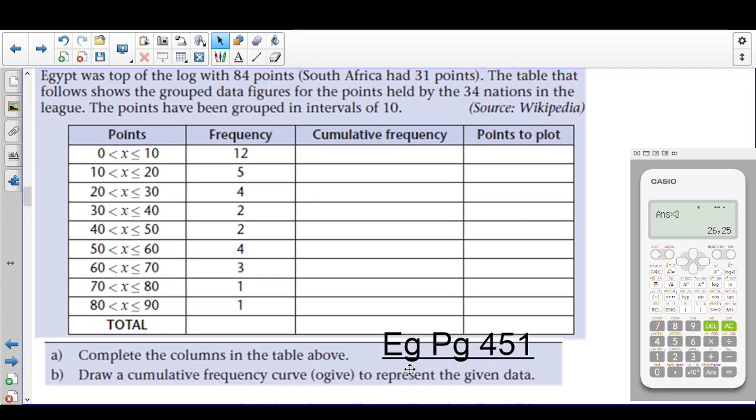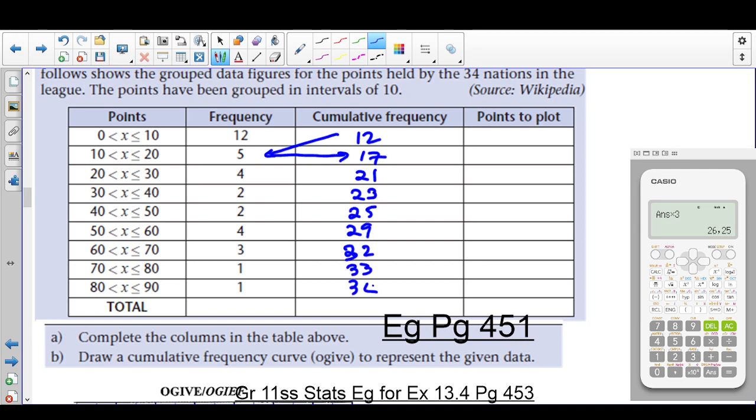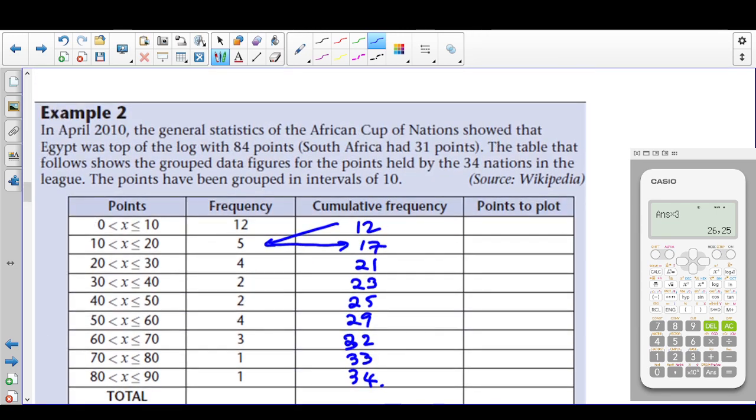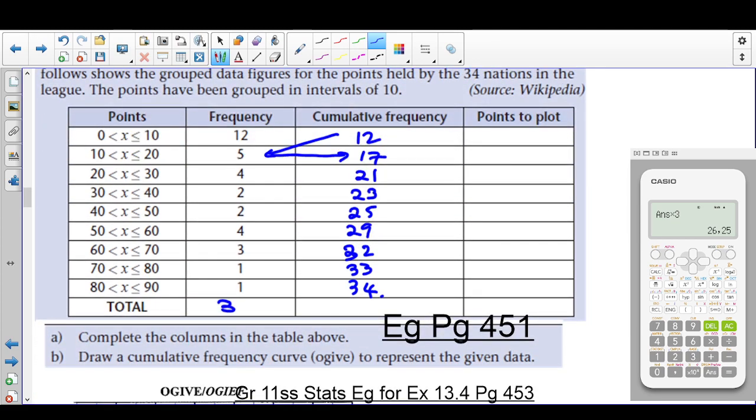So firstly, it's going to be 12, and 12 plus 5 is 17. 17 plus 4 is 21. 23, 25, 29, 32, 33, and of course 34. As you can see, there were 34 nations in total, and that adds up to 34.